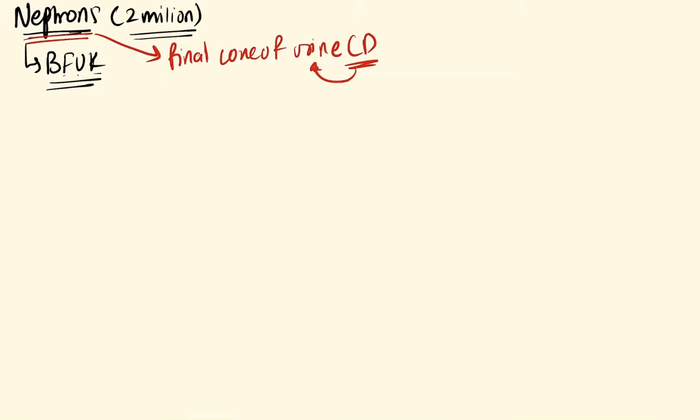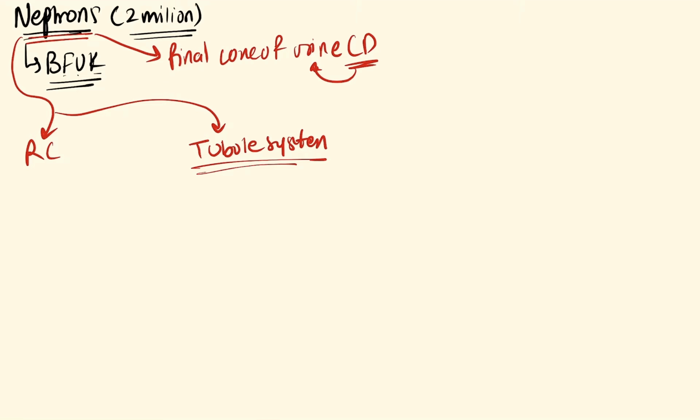So nephron has two things. Simply, there is the presence of the renal corpuscle and the tubular system. This tubular system is responsible for production of urine.